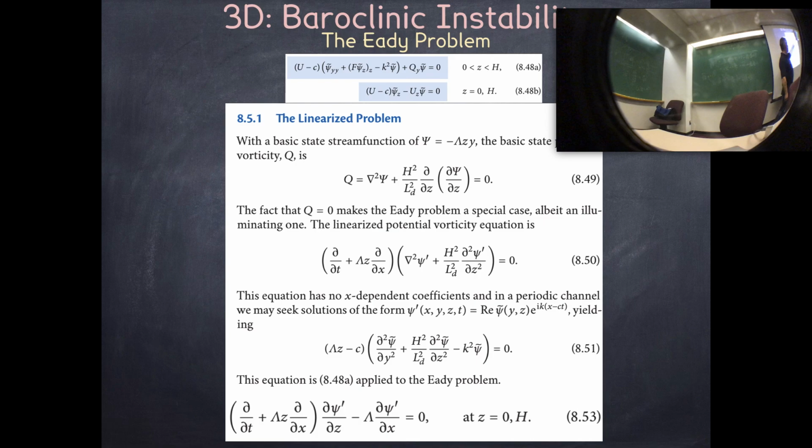Oh, sorry, this is defined to be f naught lambda. So the velocity is just lambda times z, where z was zero at the midpoint, so it's going this way. That's what we mean by this lambda. So lambda z minus c times this thing equals zero. Okay, so how do I solve this equation?